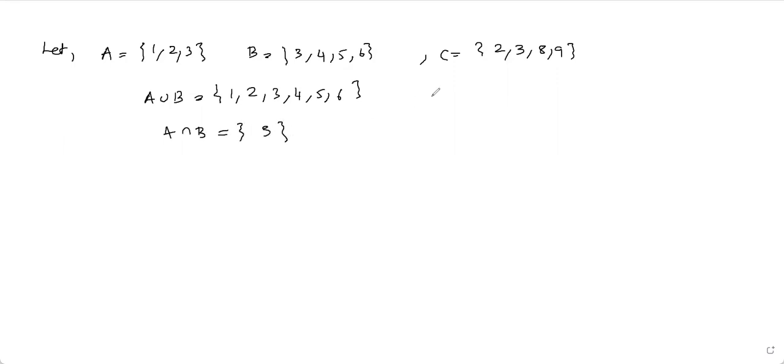A union C is {1, 2, 3, 8, 9}. A intersection C is {2, 3}.